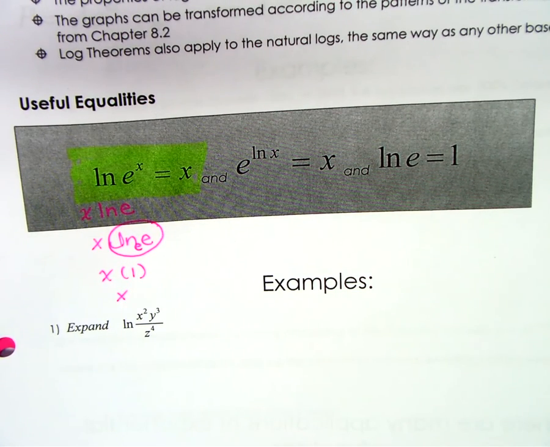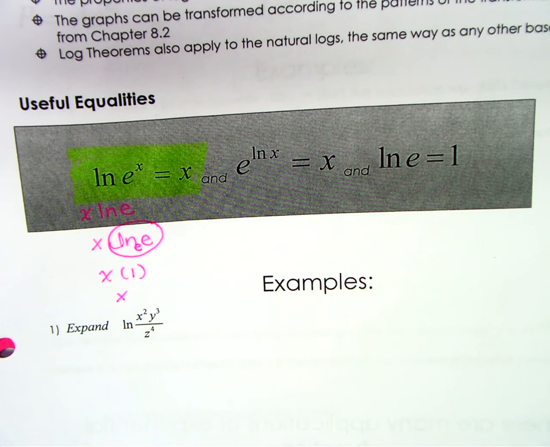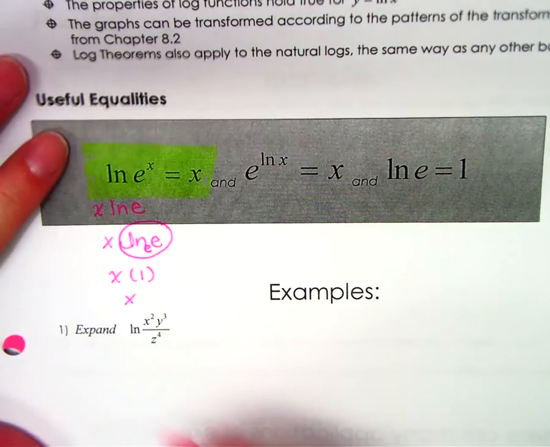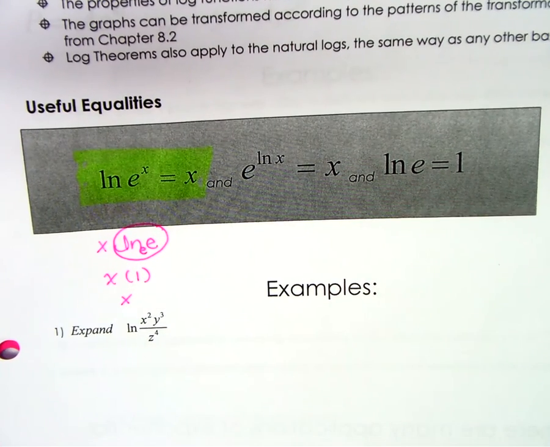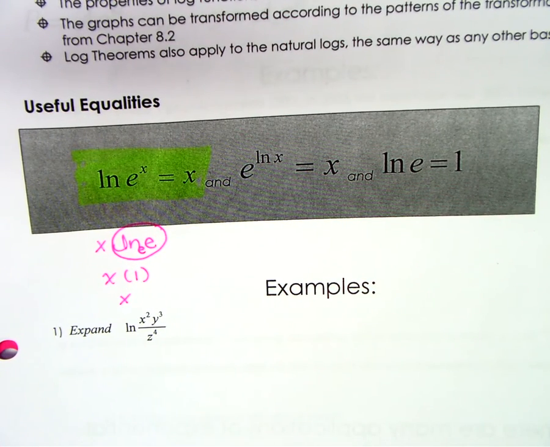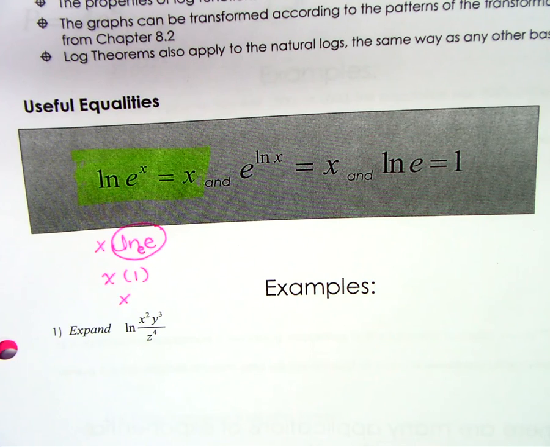Yes, the e is the base here, because we know that any natural log has a base of e. So e is both the base and the argument.